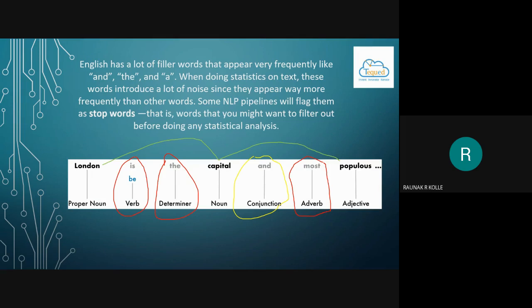Just these three words, London, capital, and populous, are enough to understand the context of the textual content, and hence the text can be made shorter.